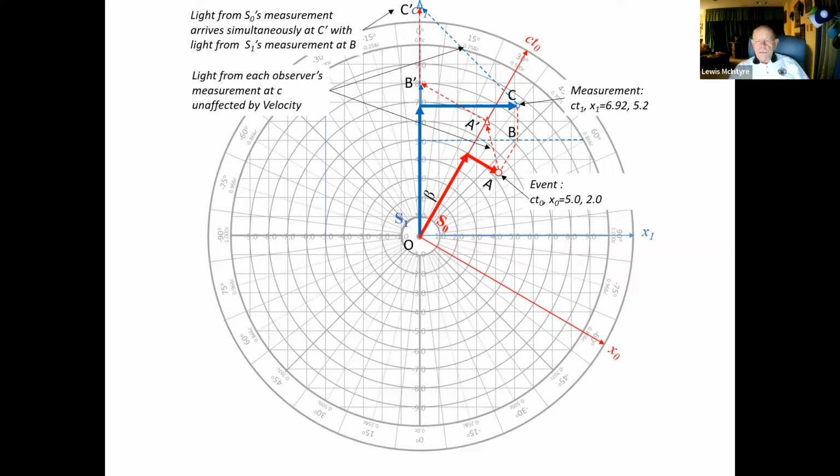This is simultaneous with light received from the Lorentz transform of CT0 and X0 at C. Both S0 and S1 measure the same speed of light from their measurement to the observation, unaffected by velocities, which is the constraint from which the Lorentz transform was derived.